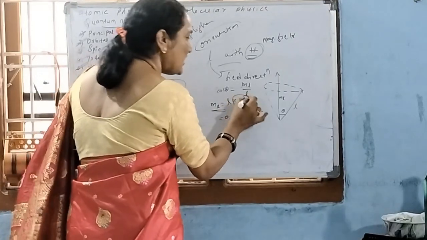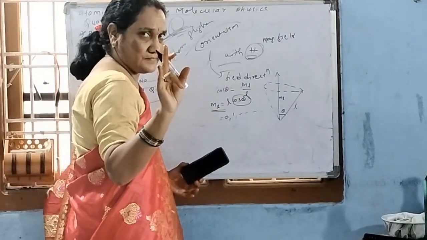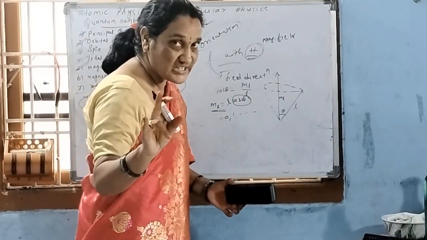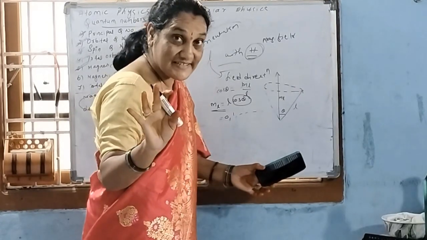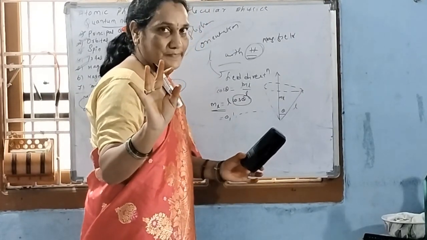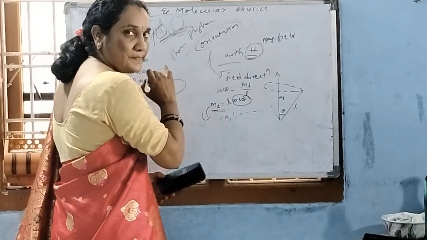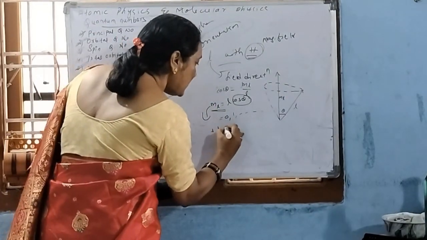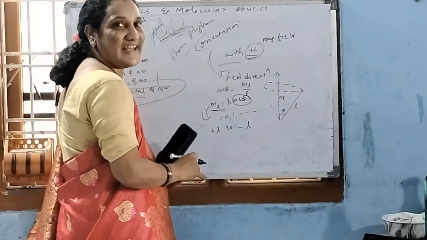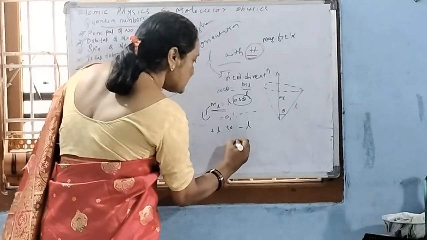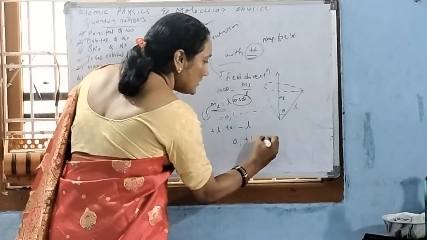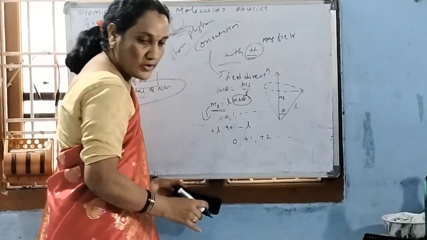And cos theta never exceeds unity. So the values of ml change from plus L to minus L.